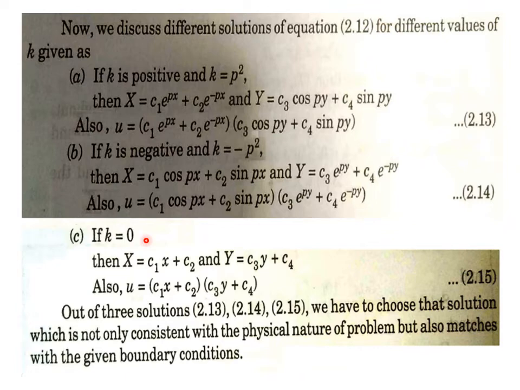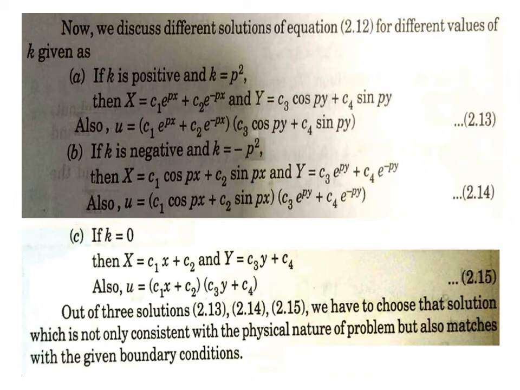And if k is 0, then X and Y are both obtained using the two parts of 2.12, and then multiplied together to provide u equals c1x plus c2 into c3y plus c4. So three solutions, 2.13, 2.14 and 2.15, are obtained using the method of separation of variables for the given two-dimensional Laplace equation.